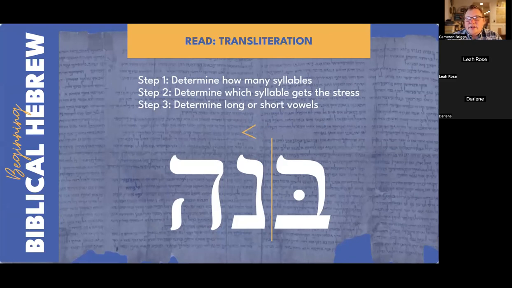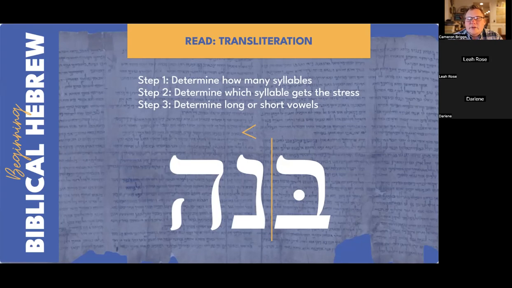Yes, and it's only going to be the ah sounds that it would do that with. If it was a hirik or an o sound, any of the other sounds, that hey would stay a consonant. But anytime that it's following an ah, if it's a vowel companion with the ah, then it drops its consonant status.